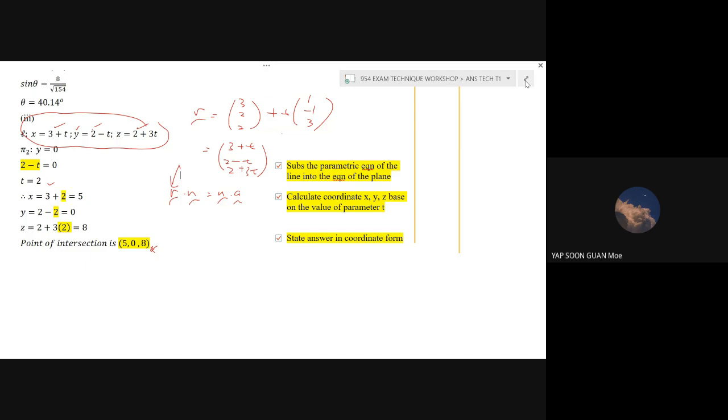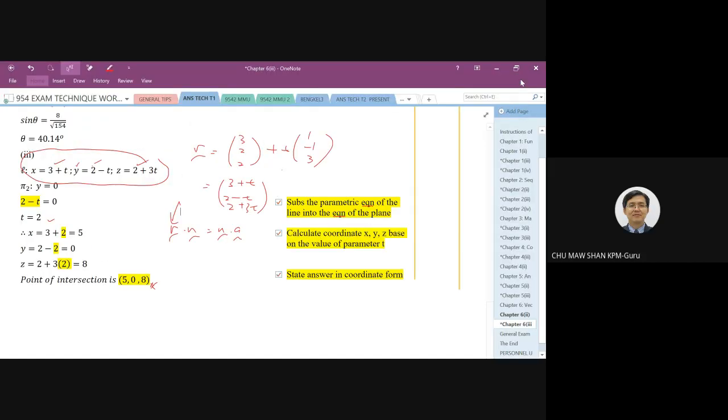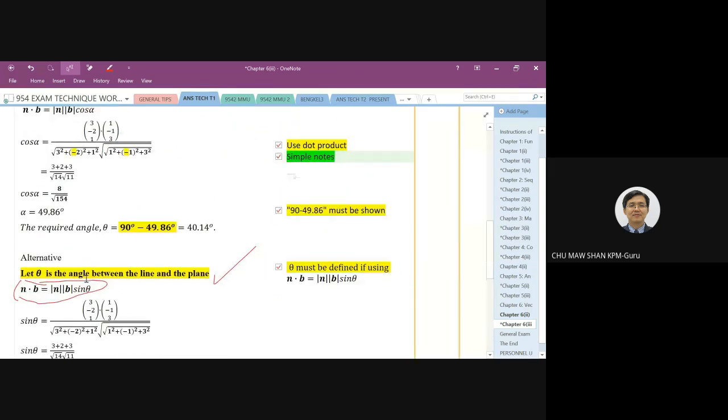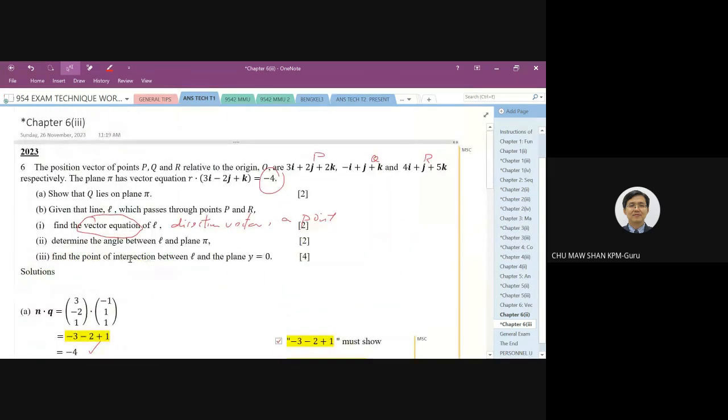All right. So hopefully everybody gets the benefit from the sharing. Actually, I'm not an expert in term one, and I'm not marking term one. I just share my experience with you all.